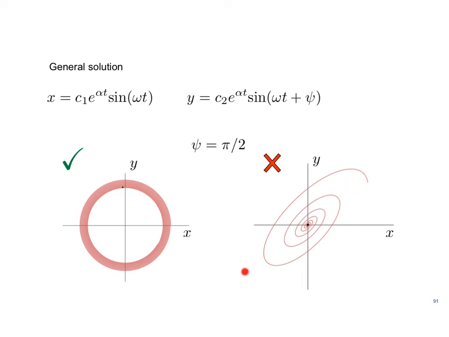And anything in between pi over 2 and 0 is somehow an ellipse, or a spiral that is twisted a bit, and that's why we have this one. I find this interesting, just to see how to visualize these kinds of solutions in the phase portrait.